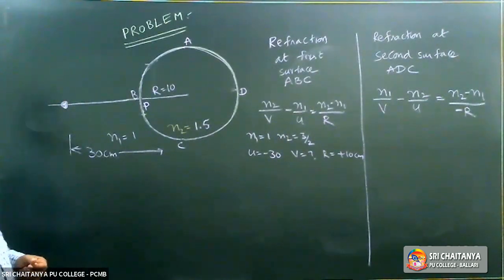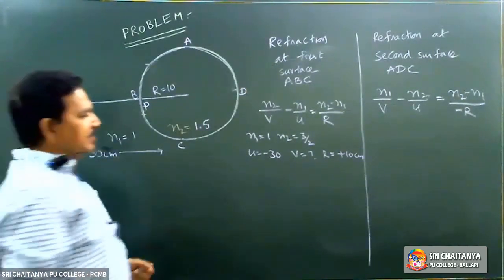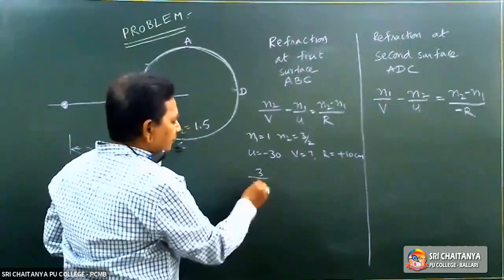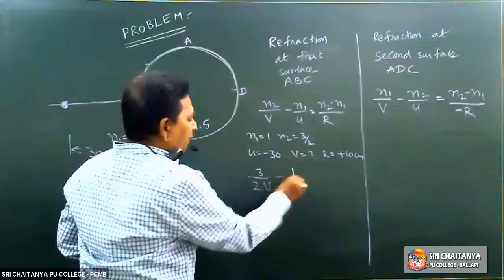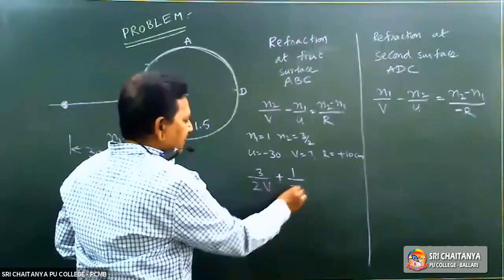That will become the object for the second surface. So N2 value is 3 by 2. We don't know V. Minus N1 value 1 by minus 30, minus into minus plus 30.